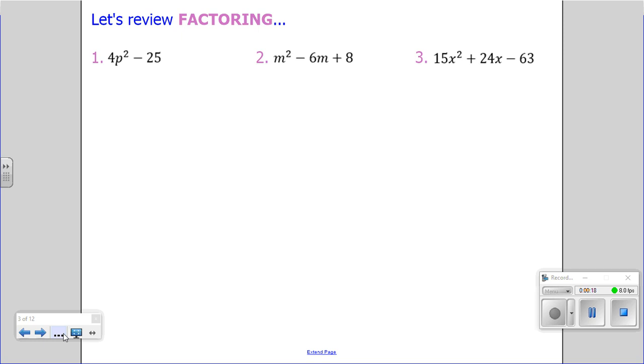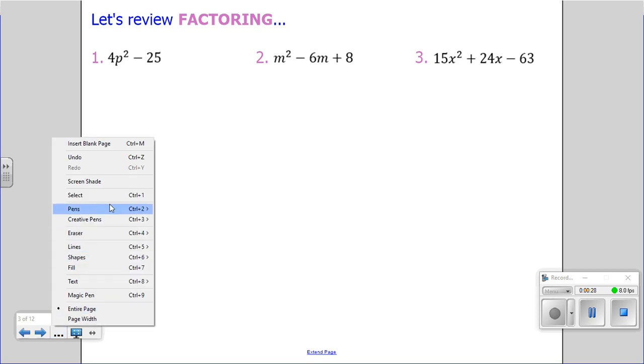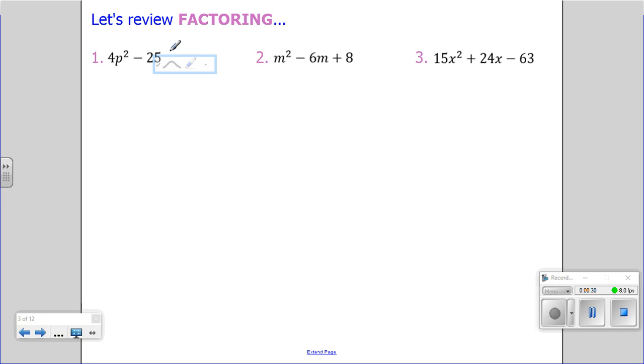The first problem has two terms, so that means this is a binomial. What I notice is that both terms are perfect squares. The first term being 2p times 2p, and the second one being 5 times 5.